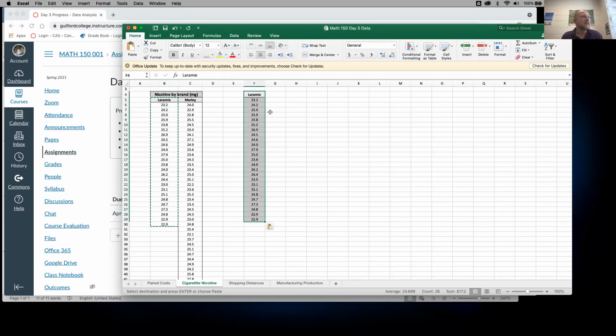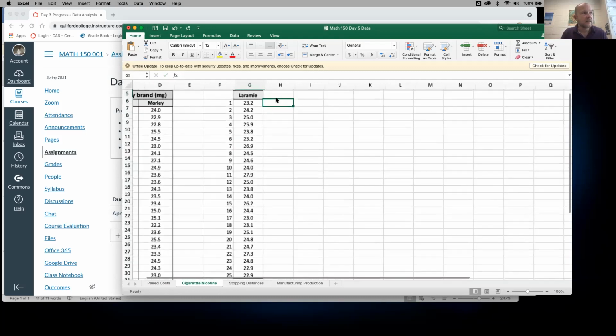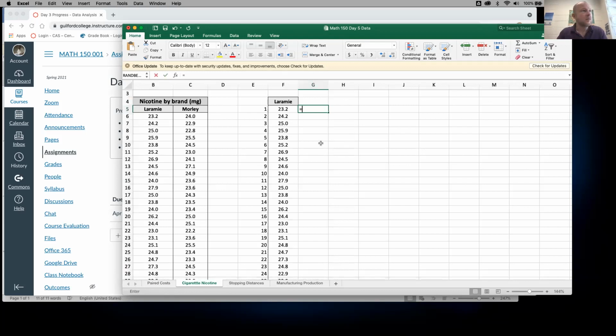And then I'm going to put those numbers there, 1, 2, 3, you know. So, yep, it did turn out there were 25 of them. And then I'm going to do my normal probability thing. So equals norm.inv. And then we're going to do that E5 there, but that was not quite right.